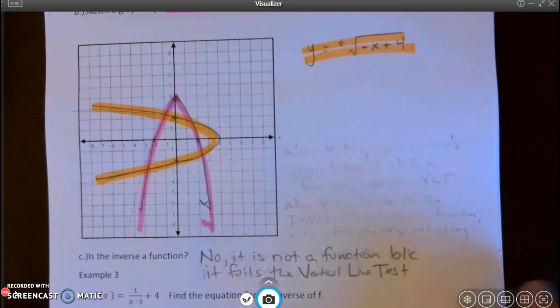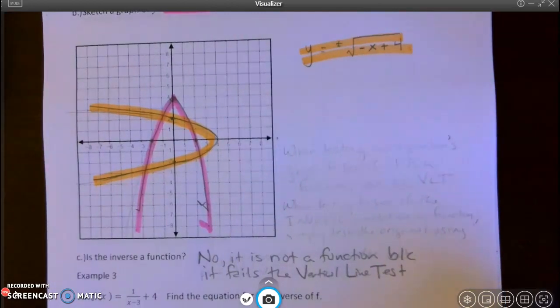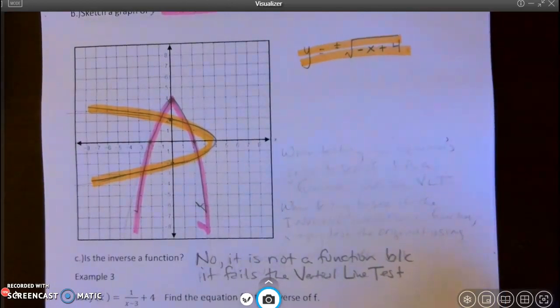So then my next question is, every time we want to find out if an inverse is a function, do we have to graph it? And the answer is no. What we can do is check the original.